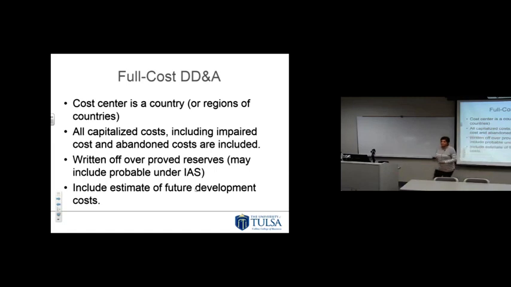If I've got PUDs, I've still got to do some developing to get to those proved reserves. I'm writing off over proved reserves. What is that remaining amount, or that estimated future amount that I'm going to spend to develop those PUDs?